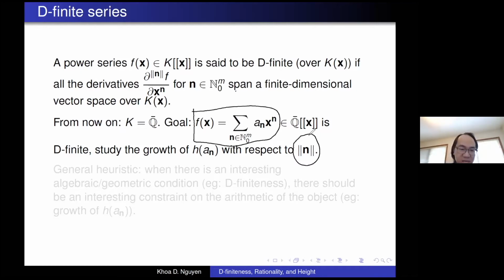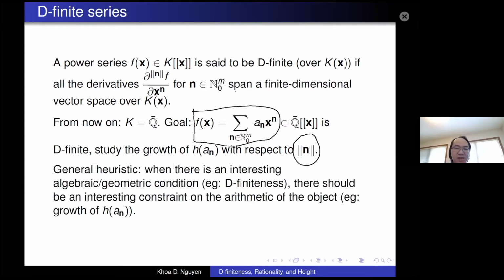And there's a general heuristic that is not just in my talk, but in many other places in number theory. When there is an interesting algebraic or geometric condition, for example the D-finite condition, or if you consider other kinds of equations, difference equations or Mahler equations, then it's also an interesting algebraic condition.